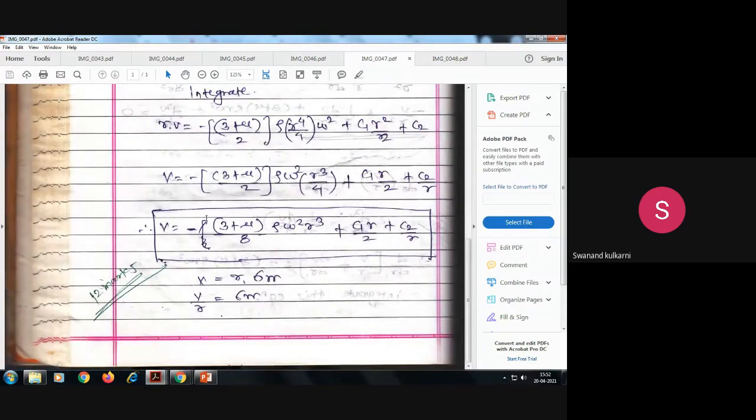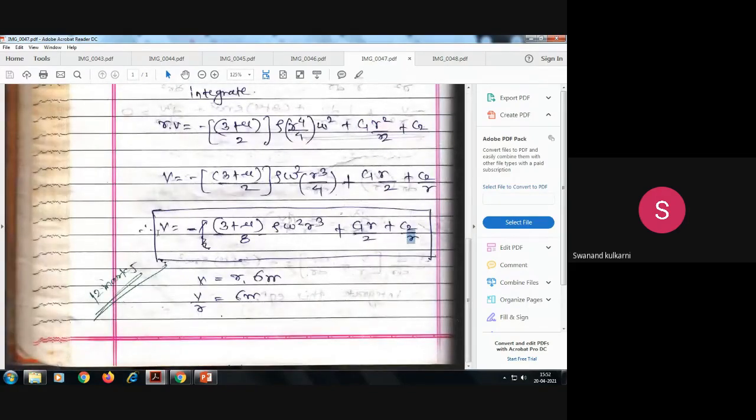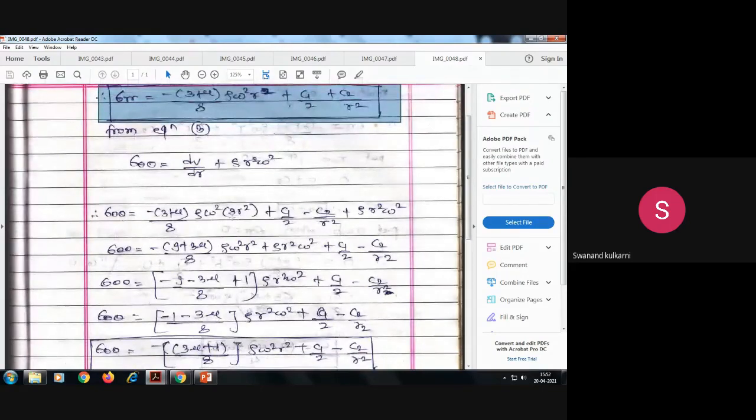So this r multiplied on the left side will come in the denominator to the right side. One r will get cancelled here, and it will become r square. So sigma rr equals minus (3 plus mu) rho omega square r square, C1 upon 2 and C2 upon r square. This will become r square because one r will come to this denominator, which is otherwise substituted with this v. V is replaced by r into sigma rr here. This r will come in the denominator to the next step, and this will be sigma rr. So sigma rr will come like this. Is it okay?